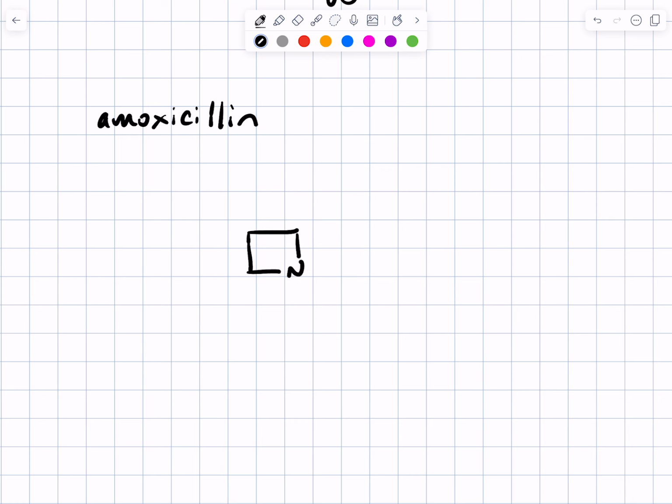So when drawing amoxicillin, you start with a square that looks like this, and then you put a pentagon here, and then you need two methyl groups here, and for amoxicillin, you've got a side chain here that's a carboxylate group. Notice that one key feature of amoxicillin is an amide bond. That's important.